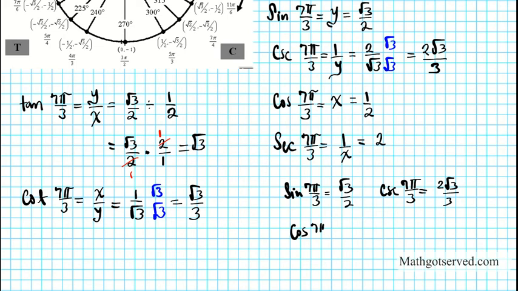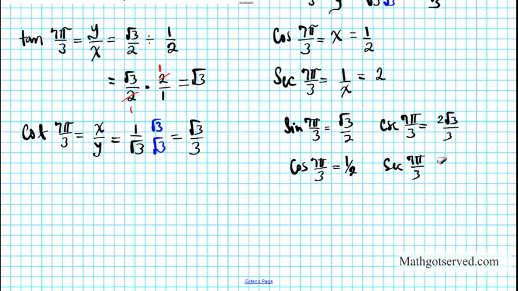Cosine 7 pi over 3 is 1/2. And its reciprocal secant 7 pi over 3 is 2. Tan 7 pi over 3 is root 3. And cotangent 7 pi over 3 is root 3 over 3.